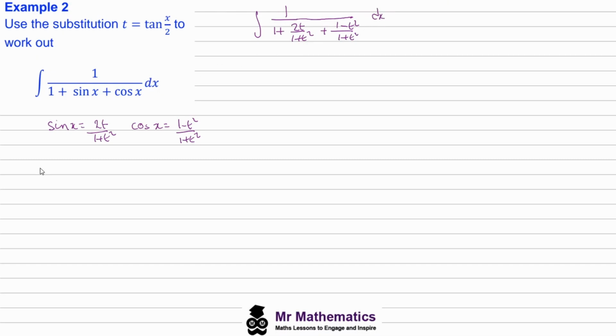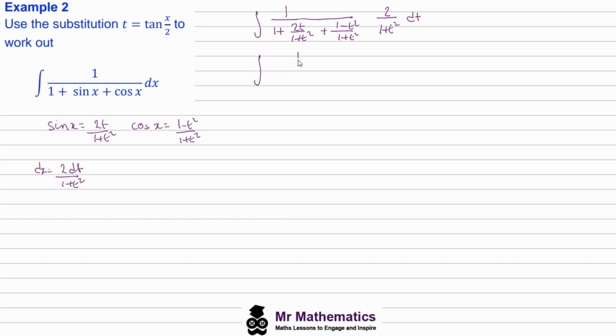And if we go through the same process as we did previously, dx becomes 2 dt over 1 plus t squared. So now we can substitute this into here. And I'll write this as 2 over 1 plus t squared dt. So now we need to work with this denominator. I'm going to write all over the common denominator of 1 plus t squared.